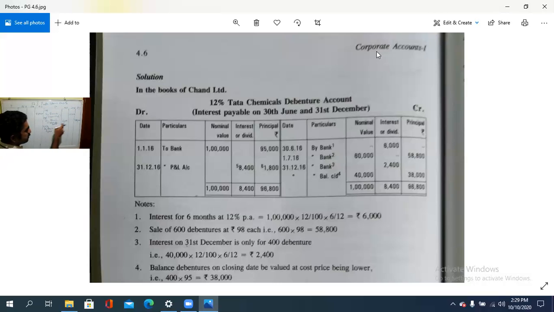Out of 1 lakh, 60,000 went, 40,000 is left. The 12% of that 40,000 for the remaining 6 months is the interest. So 40,000 into 12% into 6/12. So how much is it? 2,400. That is the interest payable.